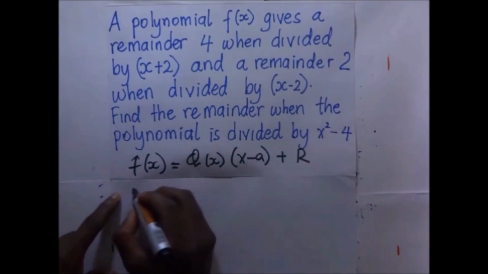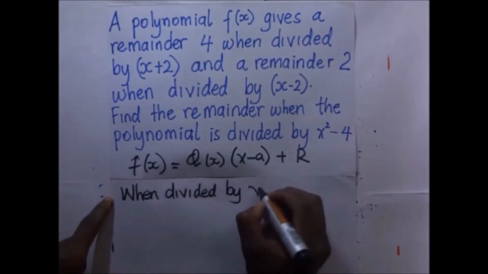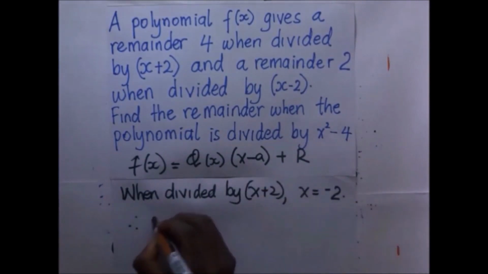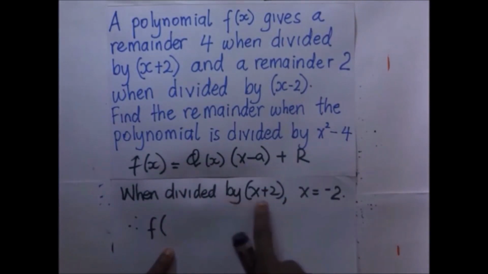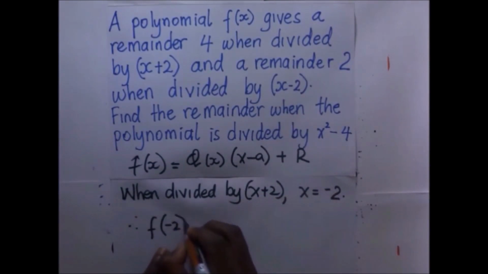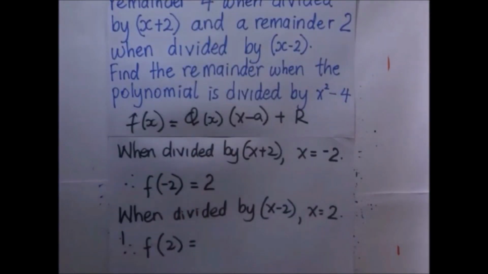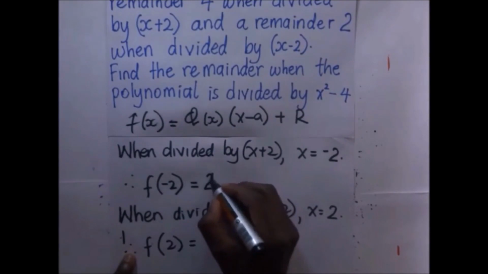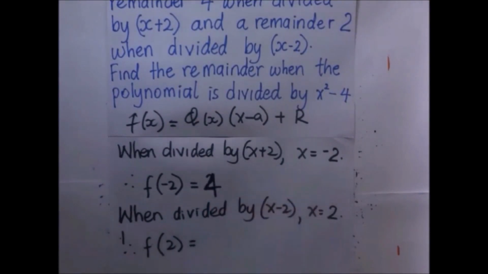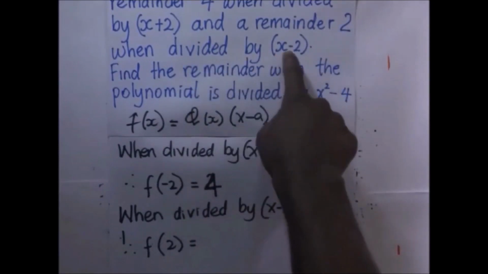So when it's divided by x plus 2, it means that x will be equal to negative 2, and when we put negative 2 into that polynomial, our remainder is 4. And the remainder is 2 when divided by x minus 2.